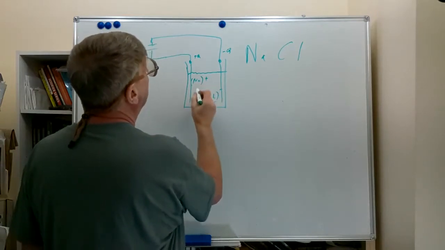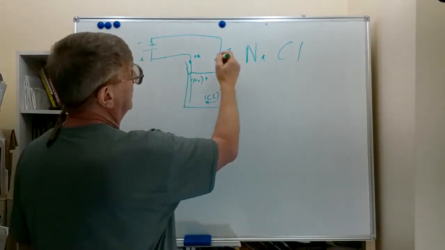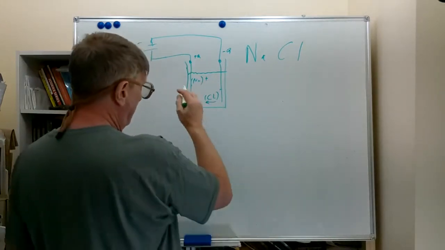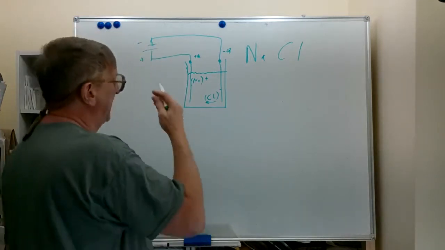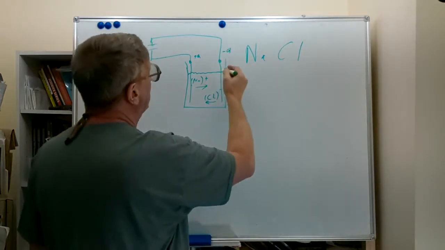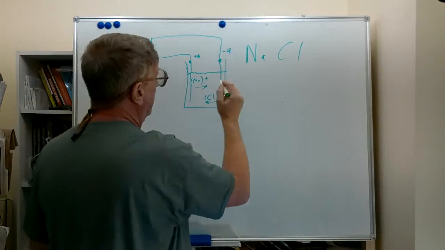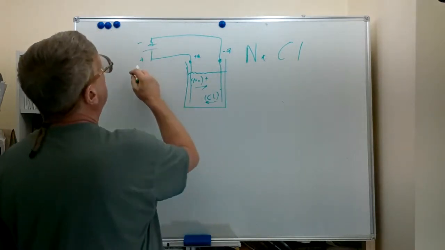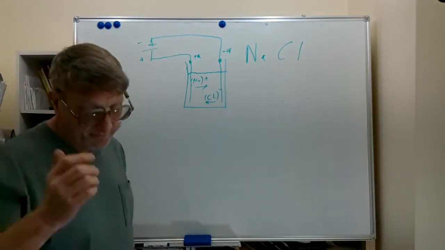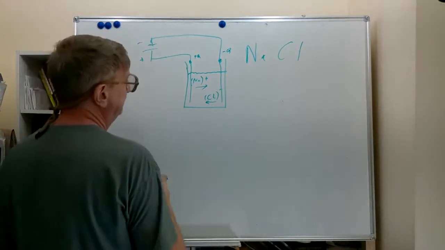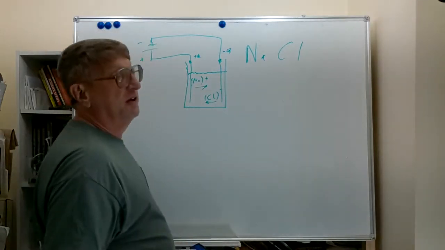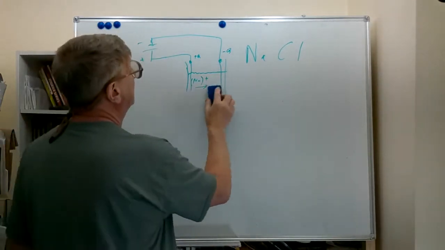The negative charge repels that negative ion, moves it towards the positive charge. The sodium, which is a positively charged ion, will be just the opposite. It will be attracted by the negative Q created by the battery on this terminal, and it will be repelled by the positive Q created by the battery on this other electrode. So we see that we really do have positive and negative charge carriers in this type of situation.